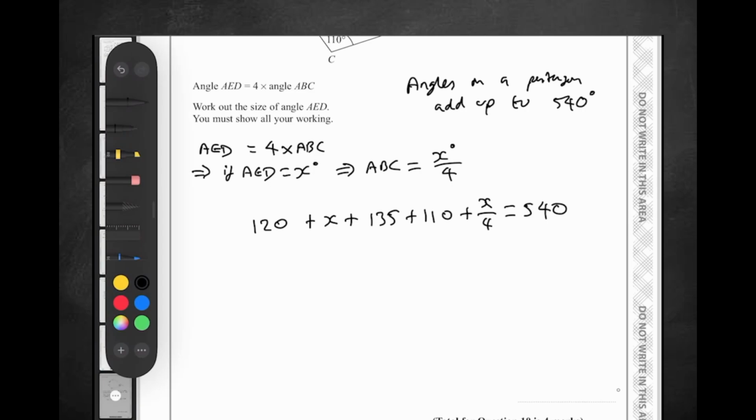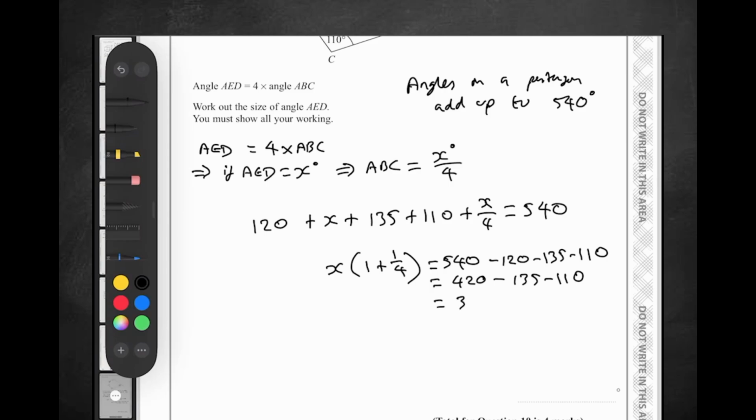Rearrange this. x lots of 1 plus a quarter equals 540 minus 120 minus 135 minus 110, which is, let's make sure I don't make an arithmetic error. 420 minus 135 minus 110, 310 minus 135, should be 175, and this is x times 1 plus a quarter.